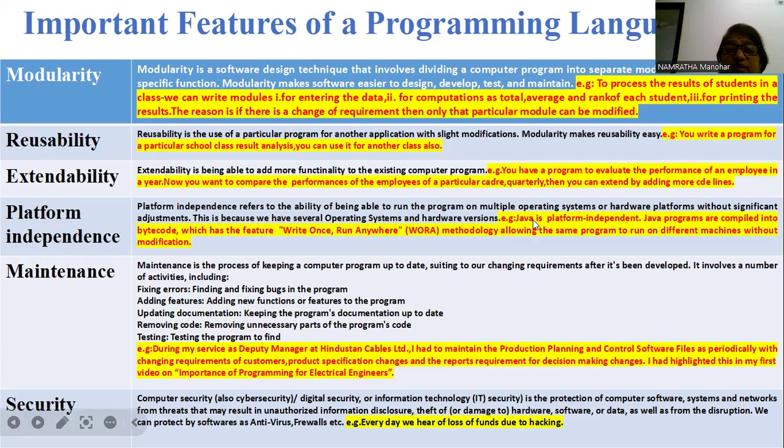Java is one type of language which is platform independent. Java programs are compiled into bytecode, which has a write once, run anywhere methodology, allowing the same program to run on different machines without modifications.